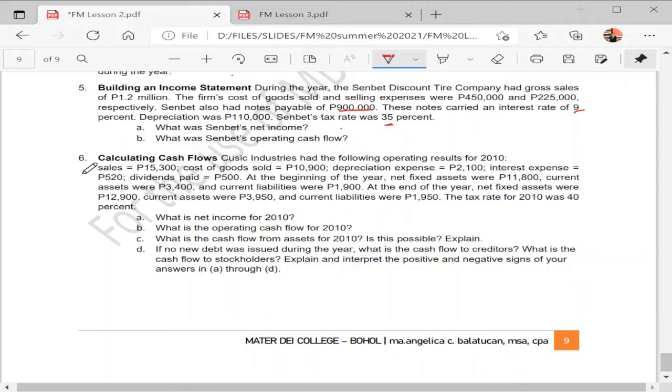Letter A. What is the net income for 2010? Okay, write your answer.